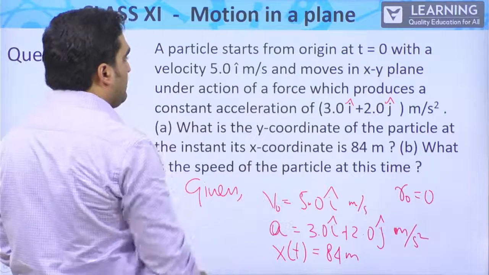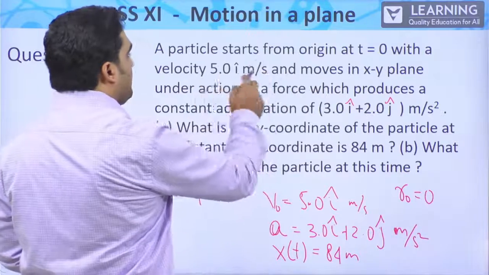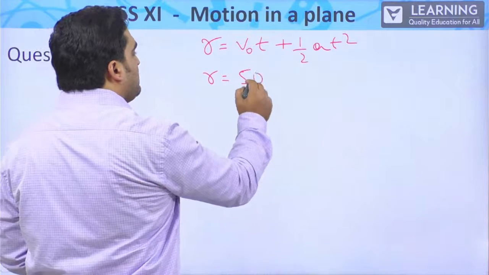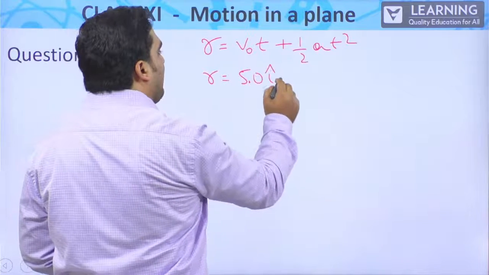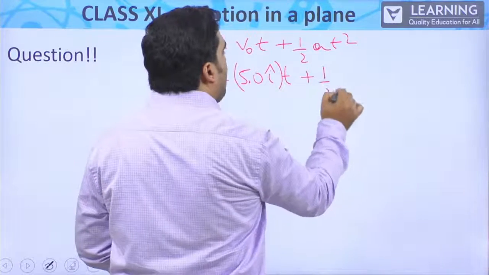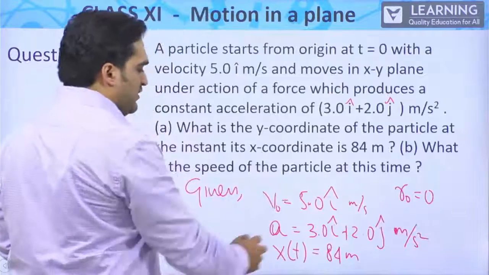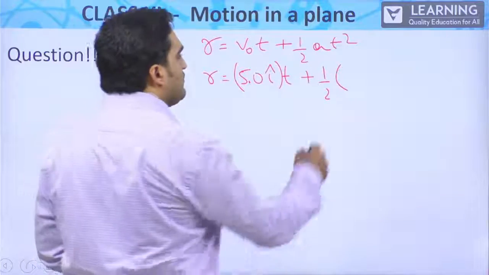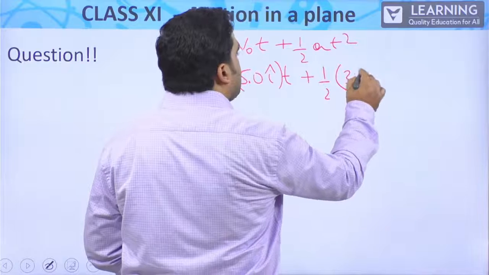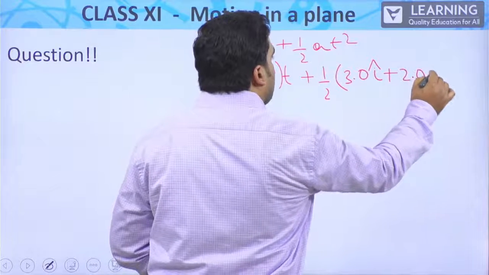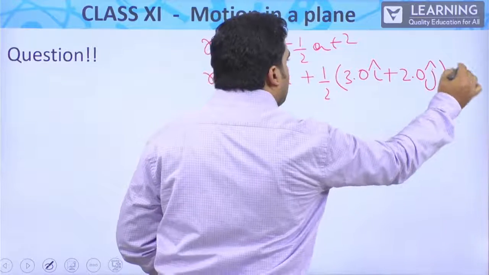This is v naught because it's starting with the velocity of 5 i cap. So 5.0 i cap t plus half, acceleration is 3.0 i cap plus 2.0 j cap, t square.